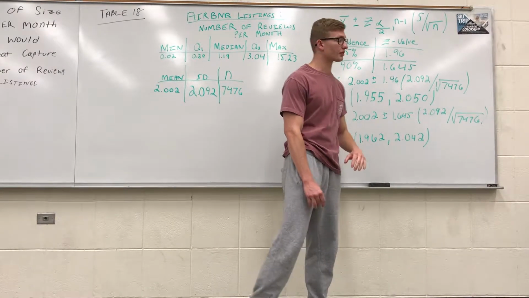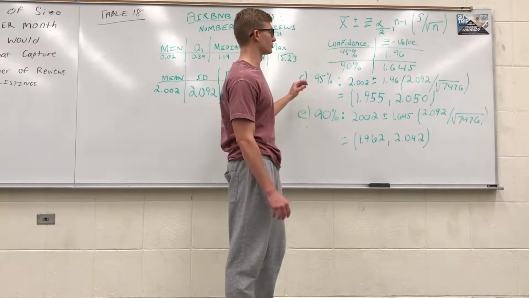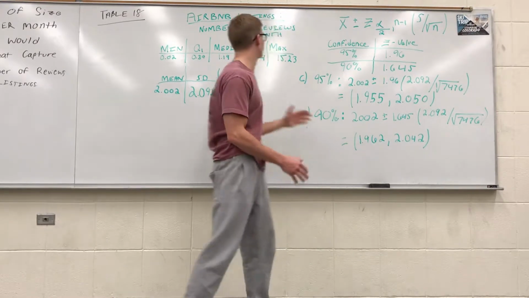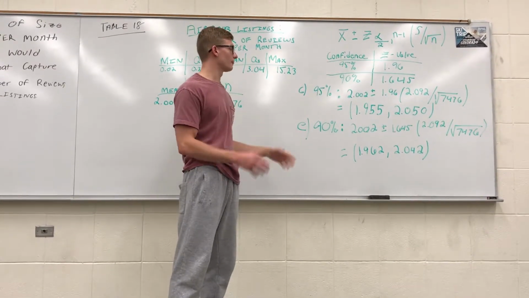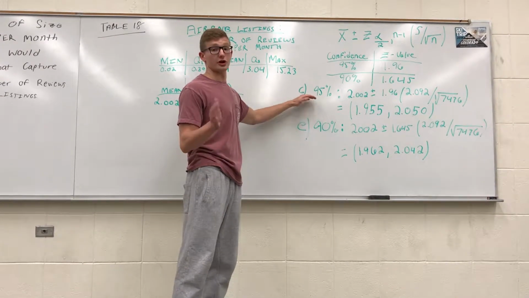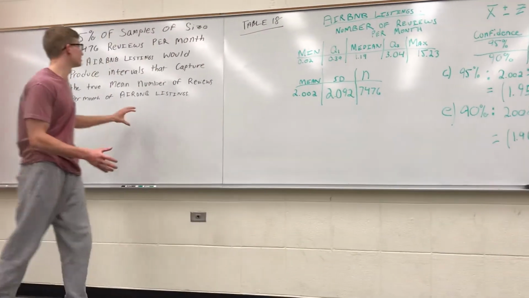Now, this confidence interval is supposed to capture where the mean number of reviews per month for the Airbnb listings is going to fall. A better interpretation of this, as we discussed in class, is written up here.